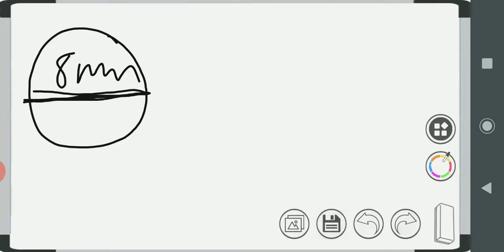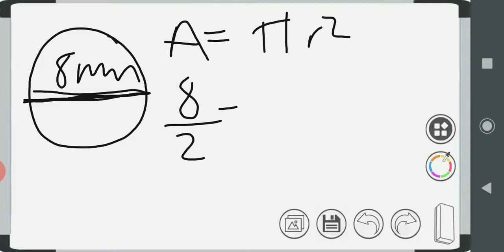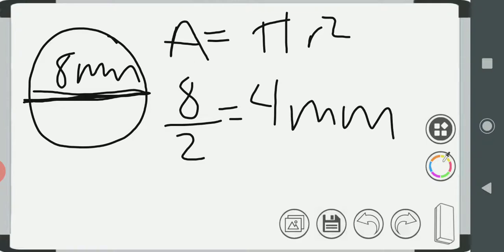All right, now remember, area is equal to pi r squared, okay? So I need to find r. Now remember from the last videos, we can find the radius from the diameter by just dividing the diameter by 2. 8 divided by 2 gives me 4. So that's my radius. My radius is 4 millimeters. Okay.